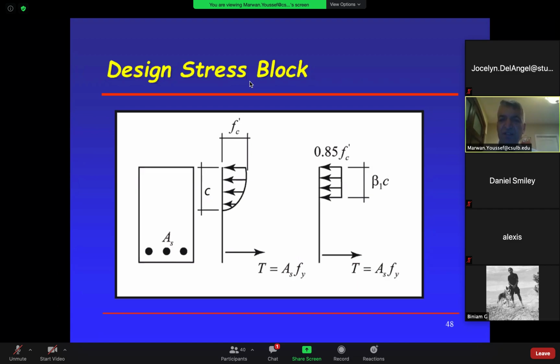I mentioned that because this is a perfect example to illustrate that. This guy, Whitney, came up with these, and then he proved them in the lab, it works, and we've been using it for all these years. If somebody can come now and prove that this is not correct, and come up with new numbers here, a new beta 1 and a new 0.85, and prove it in the lab or analytically, he gets a PhD for that.